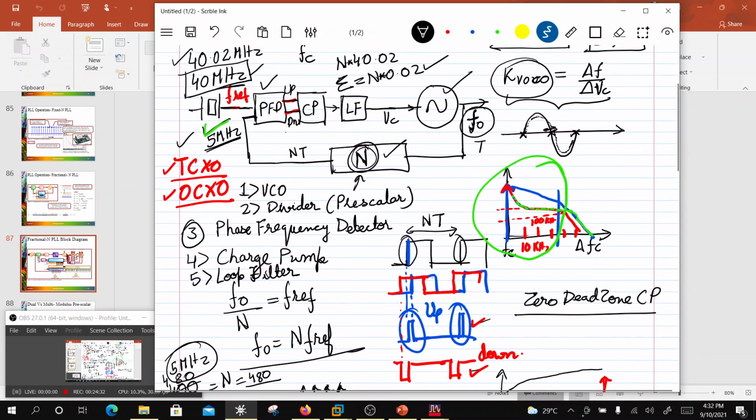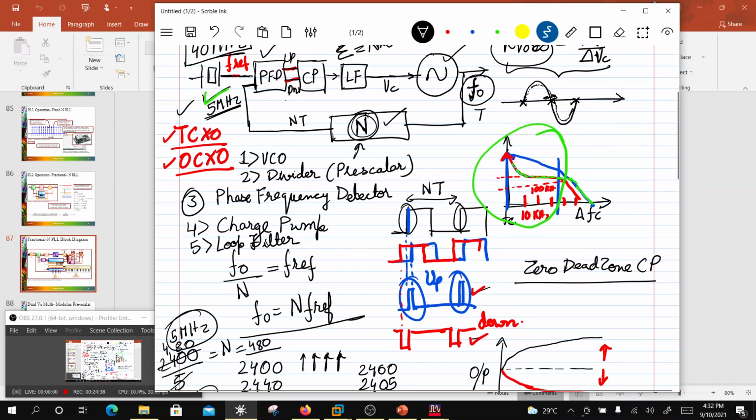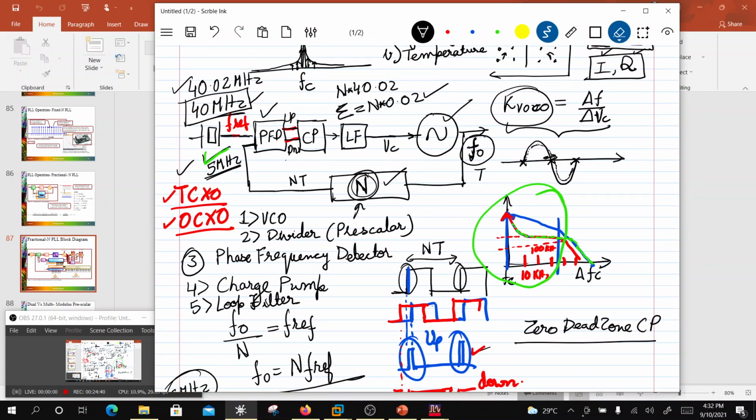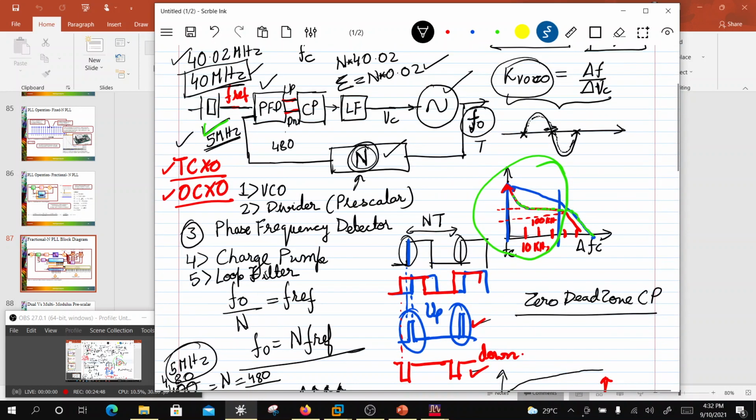So what is going to happen is, for the same frequency, in one case I have got 480 times the time period, which is basically 1 over 2400, so let's say T only. In another case it is going to be 60T.